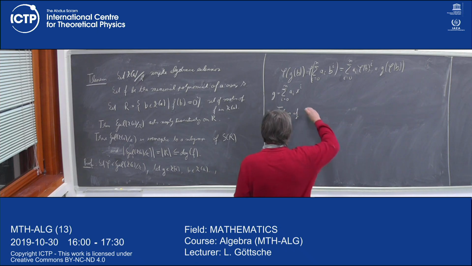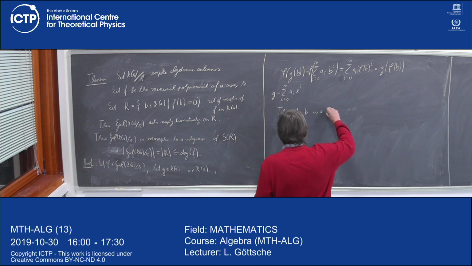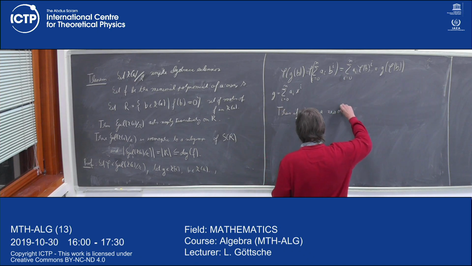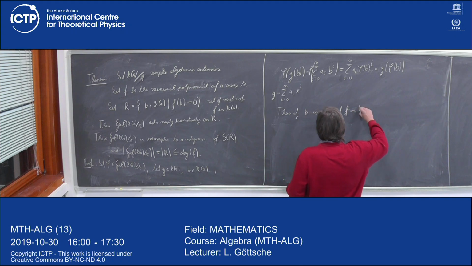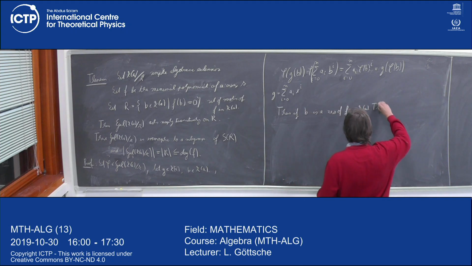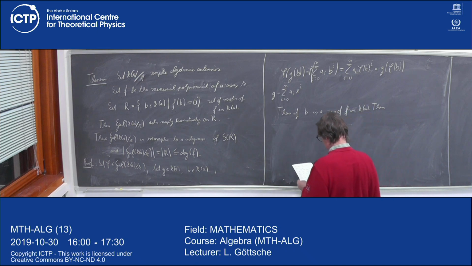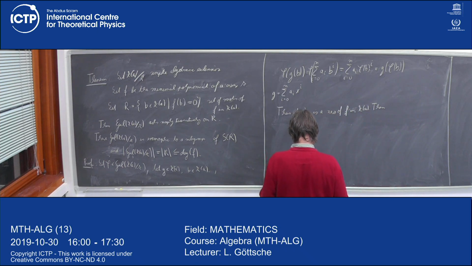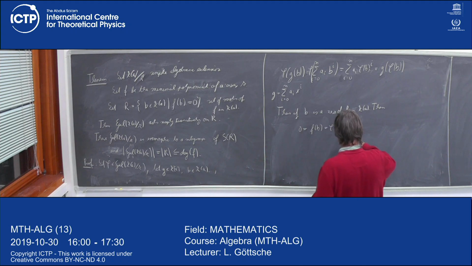So thus, if b now is a zero of f in K(a), then we have that 0 is equal to phi of f of b, which is equal to f of phi of b, because phi of 0 is 0.